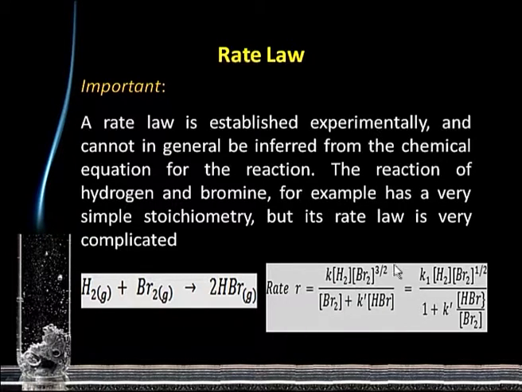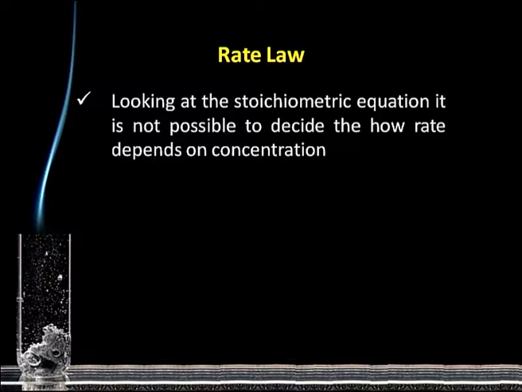You have rate with respect to bromine. You can see the power here, a fraction, and HBr, the product concentration term also appears. So rate laws can be very complicated, and therefore the relation between the rate of reaction and concentration has to be established experimentally. You cannot predict a rate law for any reaction.